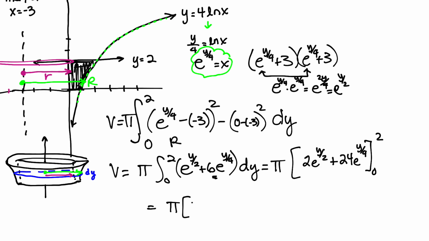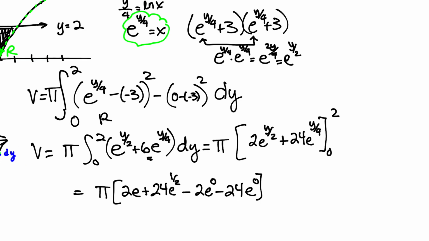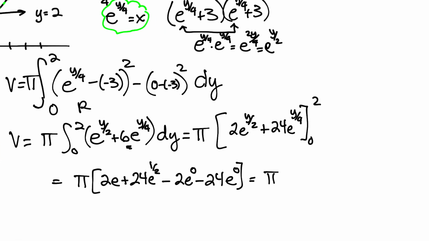Pi times 2e plus 24e to the 1/2 minus 2e to the 0 minus 24e to the 0. And so when I pull that all together, I think I'm getting 2e plus 24e to the 1/2 minus 26, because those are both 1. Ta-da! Cubic units.